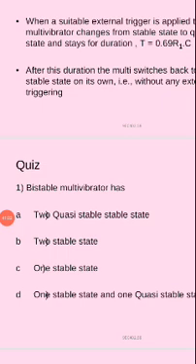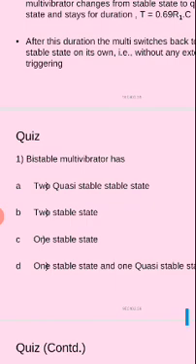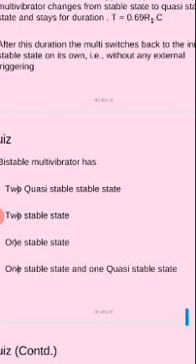Quiz. Bistable multivibrator has: two quasi-stable states, two stable states, one stable state, or one stable state and one quasi-stable state.